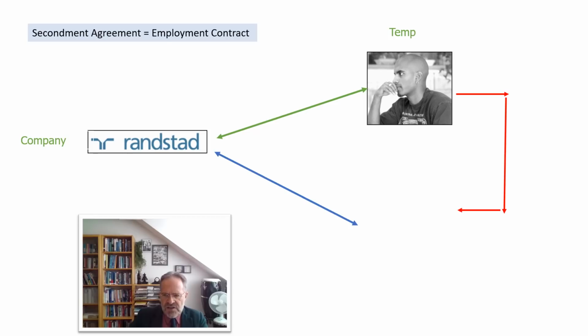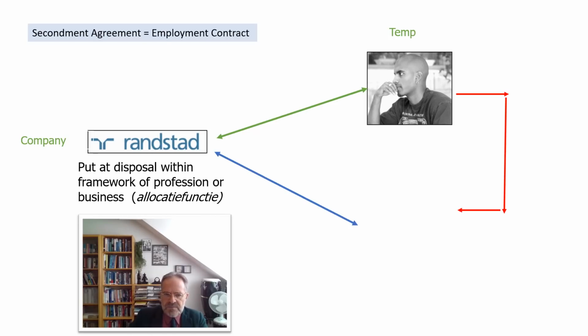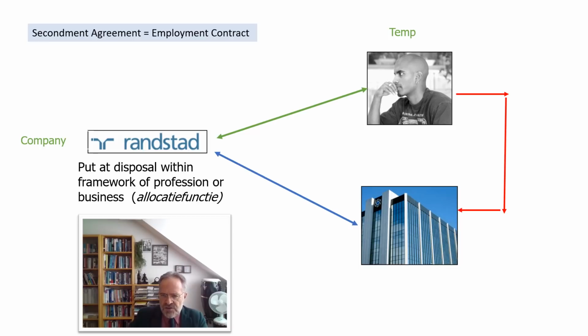And this Randstad makes a temp available, puts a temp, a human being, available to a company. So the temp agency has an employment contract, mark this, with the temp, but the temp works for the company which has a contract with the temp agency, and that's a so-called contract of instruction.